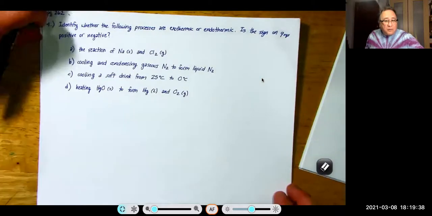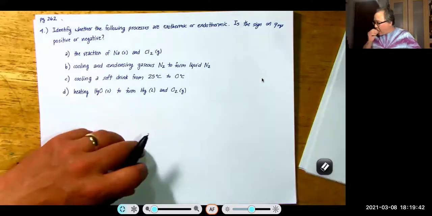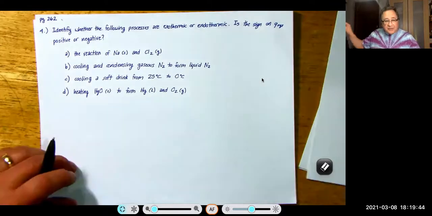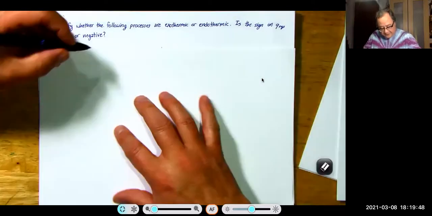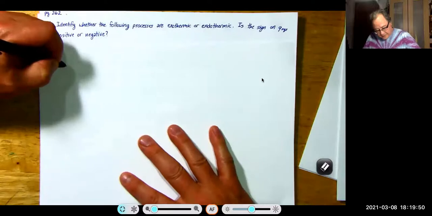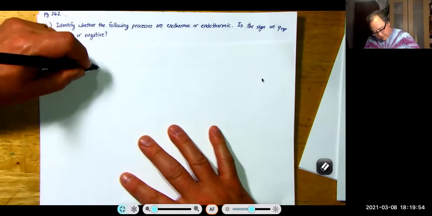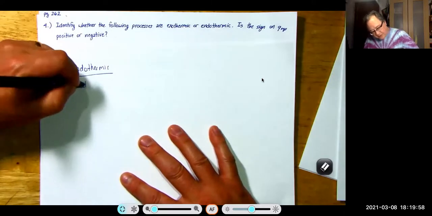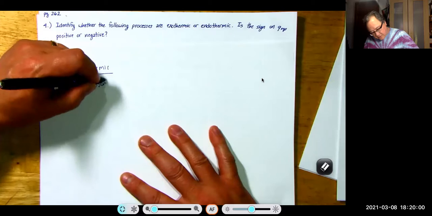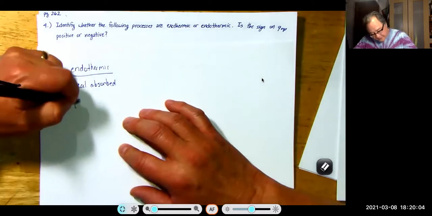Identify whether the following processes are exothermic or endothermic. Now, I want to revisit what I just said about exothermic and endothermic. So I'm going to make a little list here. Endothermic: this is heat absorbed or into, it's positive.